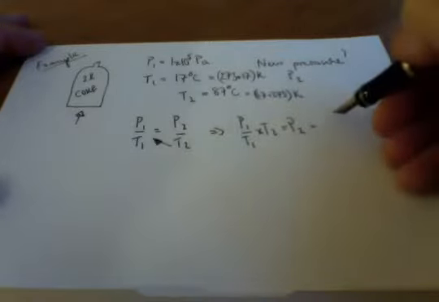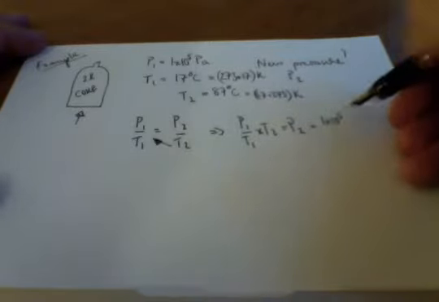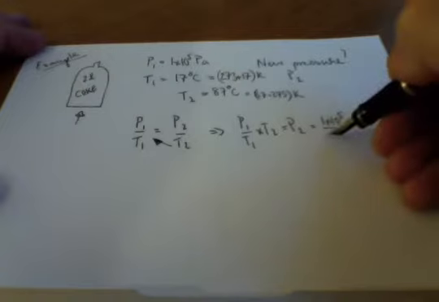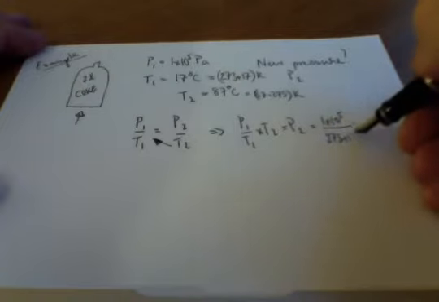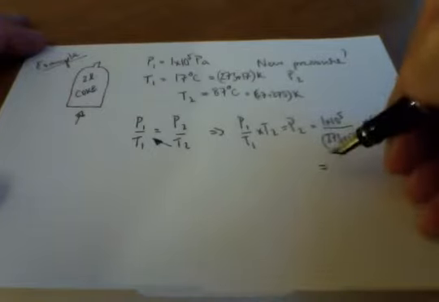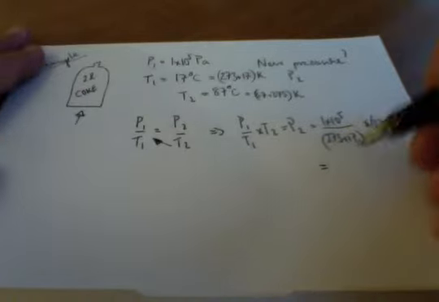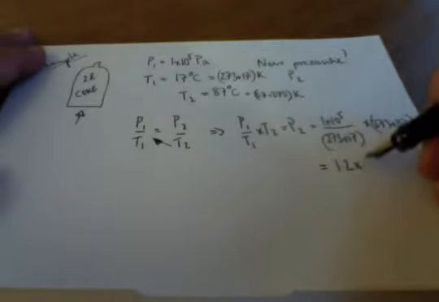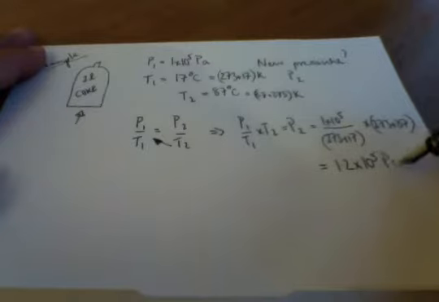So therefore, my first pressure is 1 times 10 to the 5 divided by 273 plus 17 multiplied by 273 plus 87, and that gives me a grand total of about 1.2 times 10 to the 5 pascals. Okay, so the first trick there is manipulating the equation, and the second is making sure you get the right temperature.